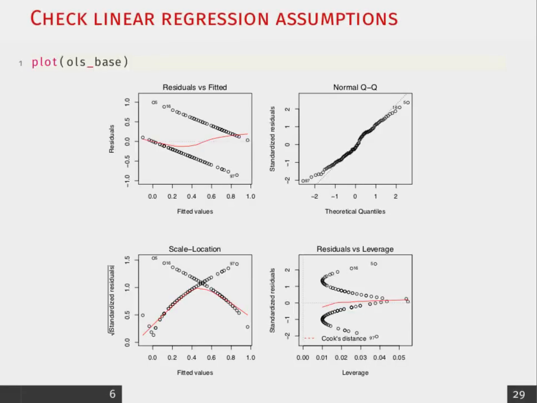Now we can go ahead and not only interpret the estimated coefficients from that OLS model, but we're also going to check to make sure the assumptions of the linear regression hold.